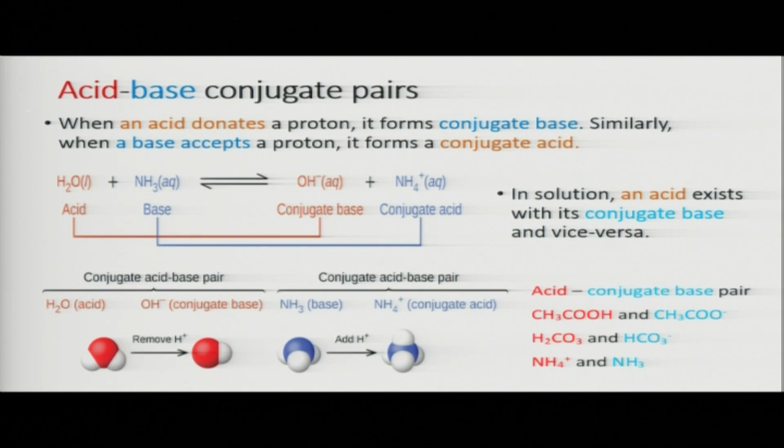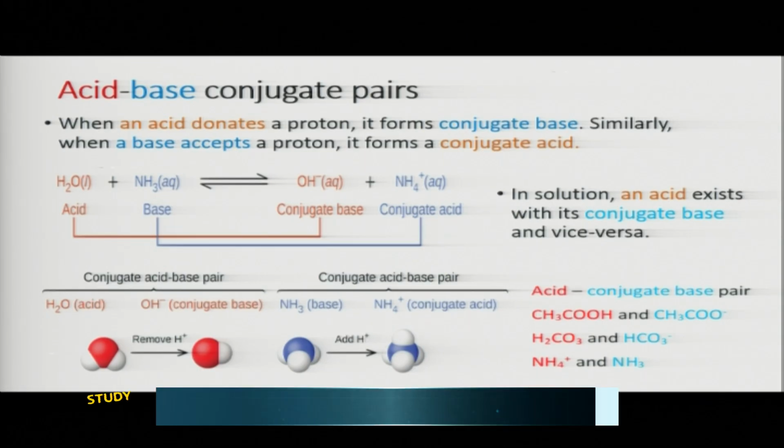Finally, these are the acid-conjugate base pairs that you can come up with. This is an acid, this is a base. This is an acid, this is a base. This is an acid, this is a base. So in solution, an acid will always exist with its conjugate base. I think the aspect of acid-base conjugate pairs is done.